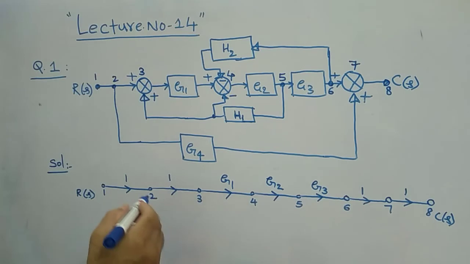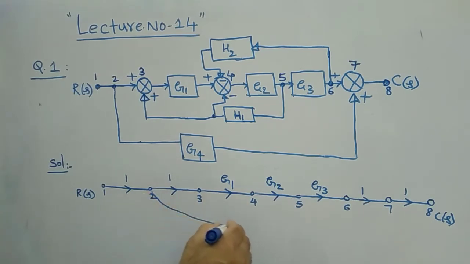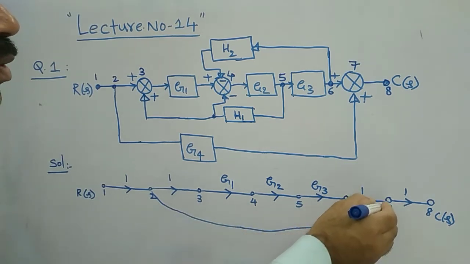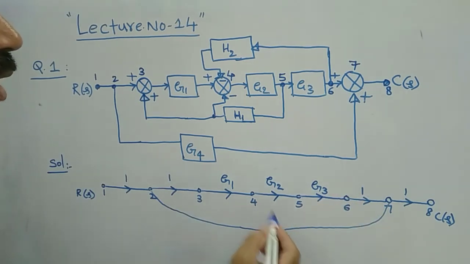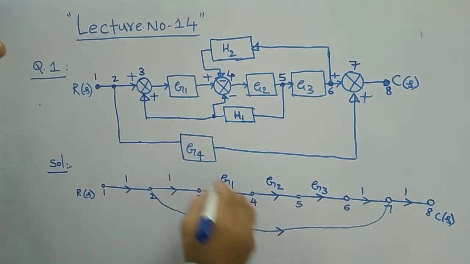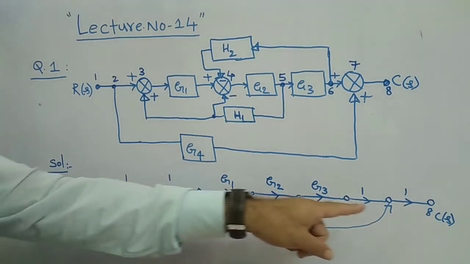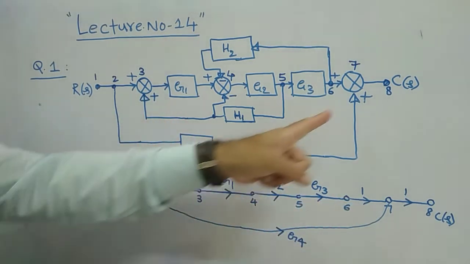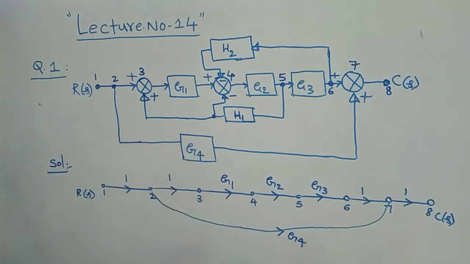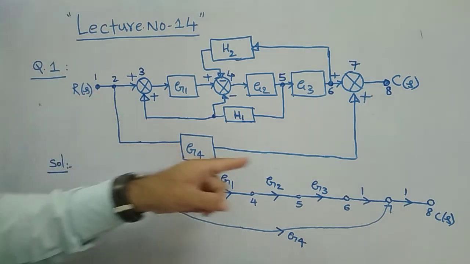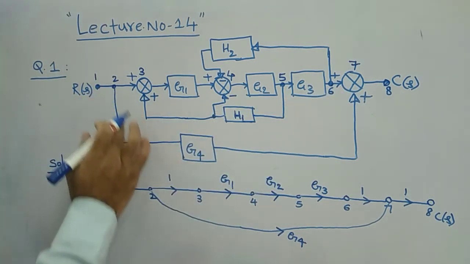Means from 2 you draw like this, 2 to 7, reaching 7 with the arrow mark towards the forward direction. What is the gain? G4 is the gain. So from 2 to 7, it is going towards the forward direction with the gain G4. That is the representation in the signal flow graph for this path. Now this path is completed.